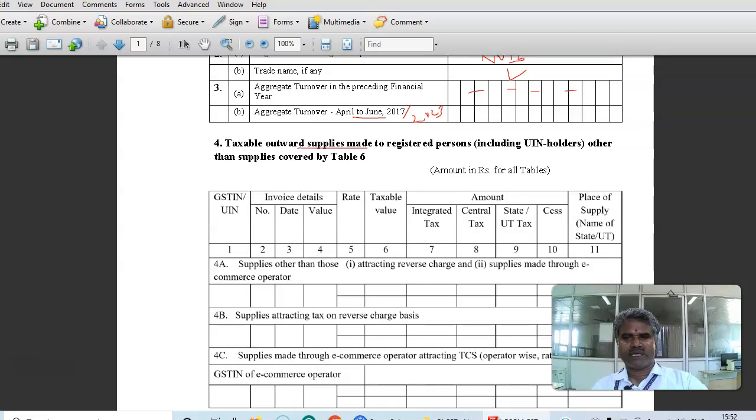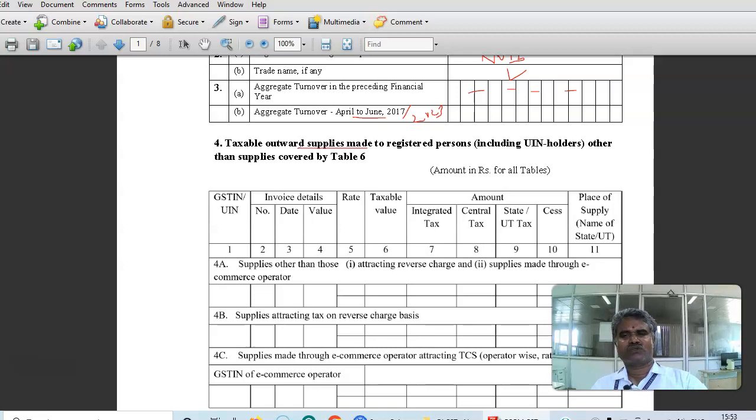You see their number, invoice, rate, taxable value, integrated tax, central tax, then state tax. Central tax means CGST, state tax means SGST, and union territory tax. Suppose you pay any compensation cess, you have to give all those details.